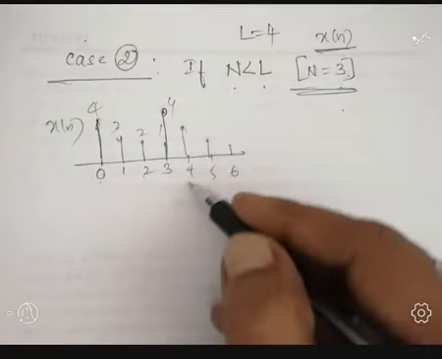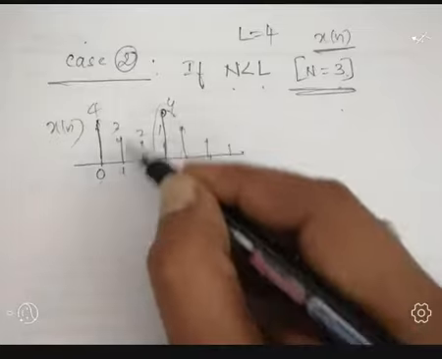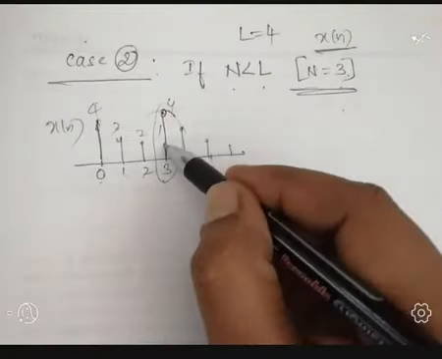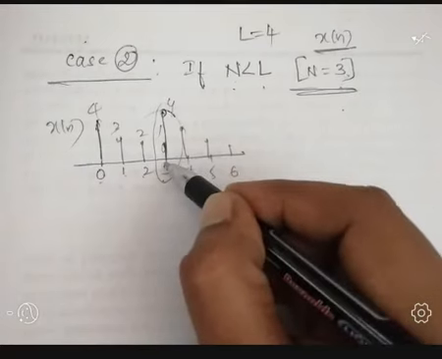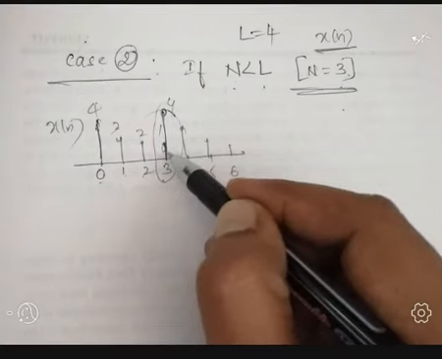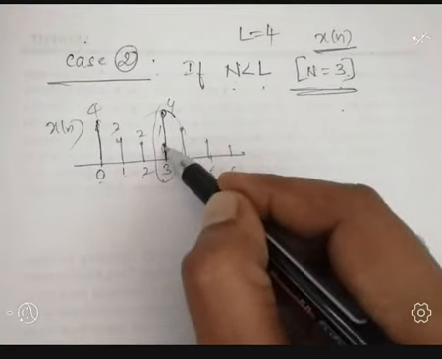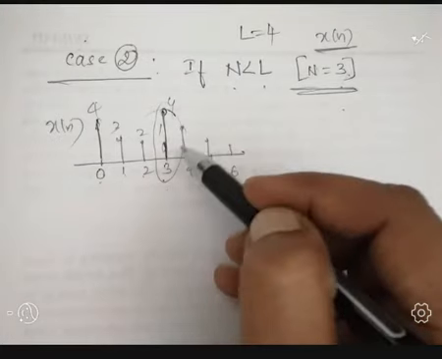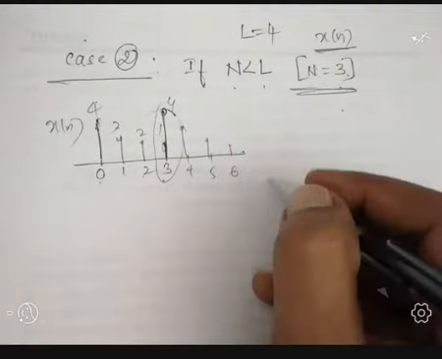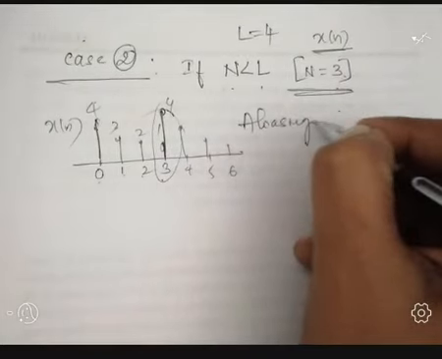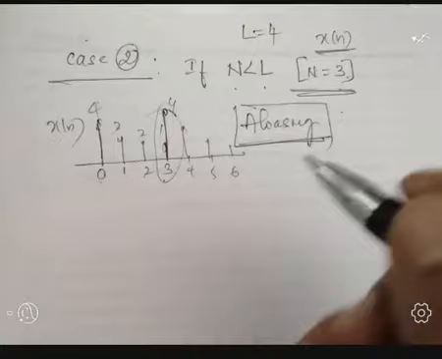In this case, there is an overlap of 2 sequences. This is the sample of the first sequence, and this is the sample of the repetitive second cycle. This is the amplitude of the first cycle, this is the amplitude of the second cycle. So an overlap of 2 samples occurs. Hence, here we are getting aliasing.